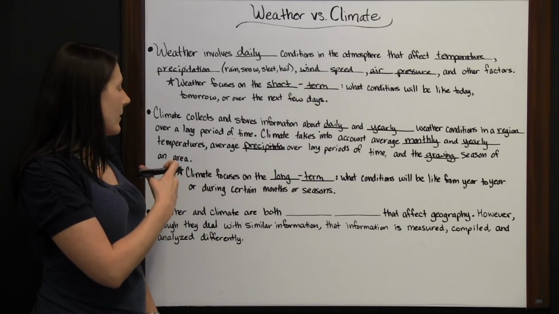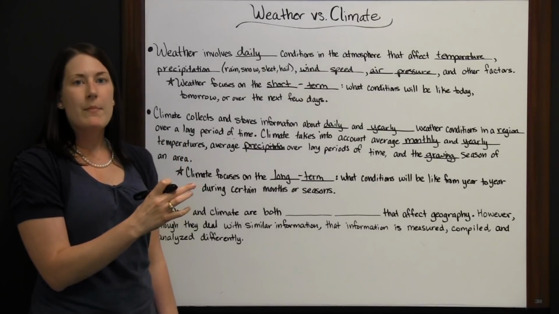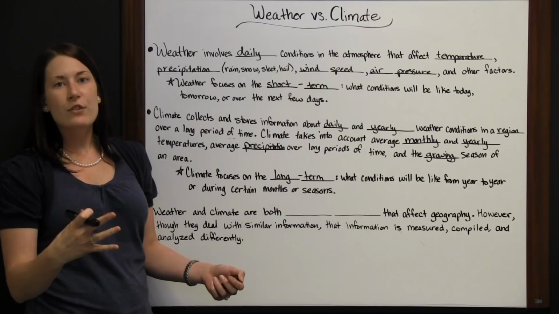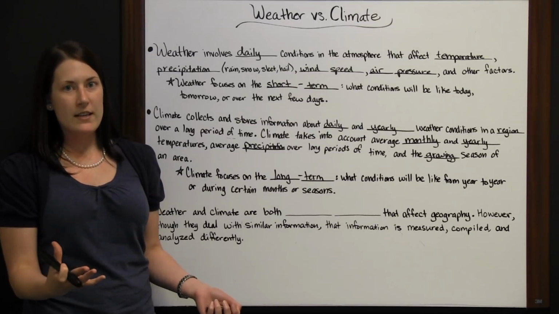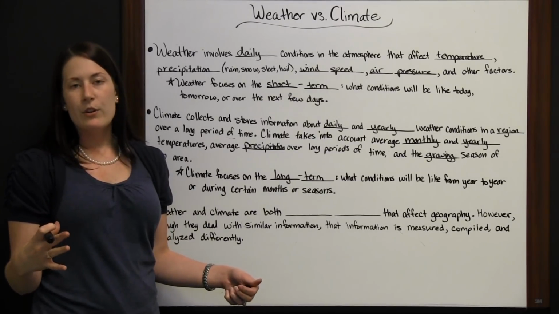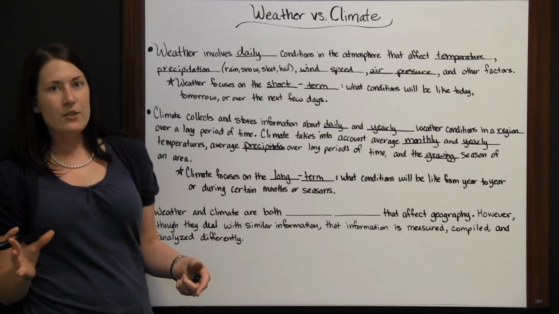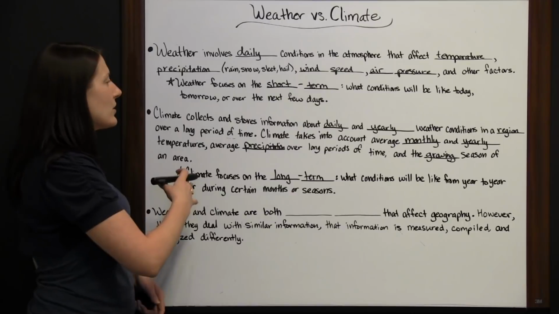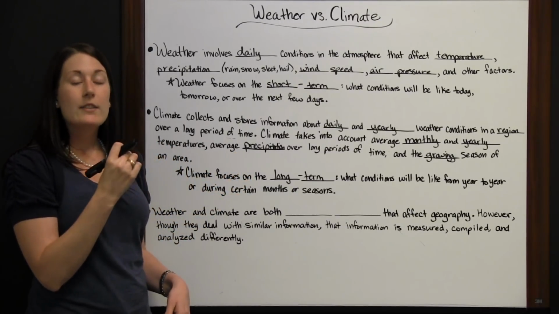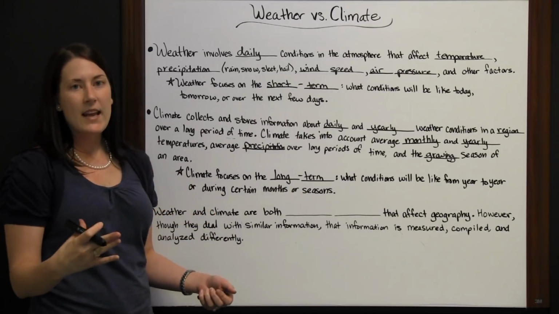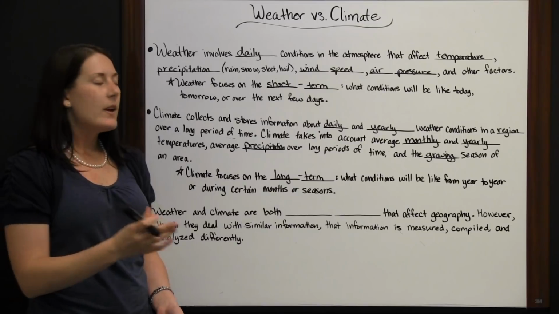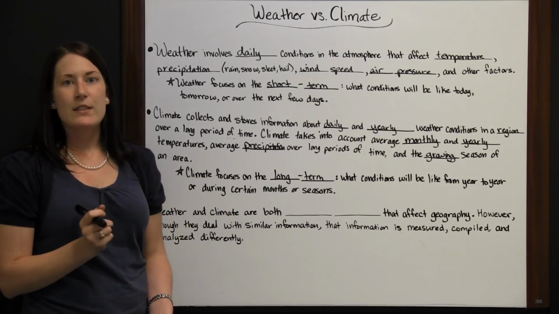Climate isn't going to talk about what happens today or tomorrow. It's going to be telling you, in general, in August, the weather is like this. In general, this area of the world will receive this many inches of rain. It's going to take into account the day-to-day weather events, but it's not going to be predicting day-to-day events for you.